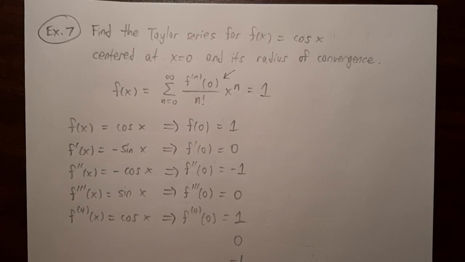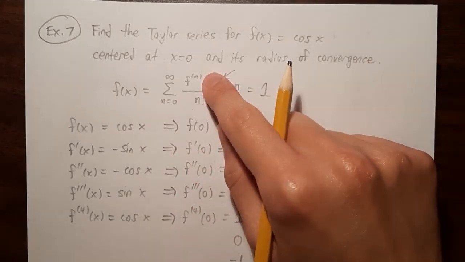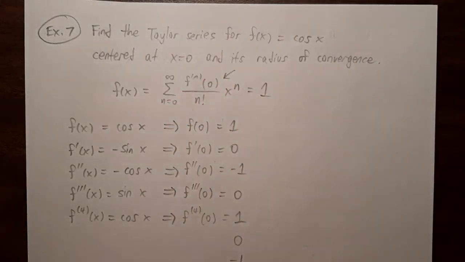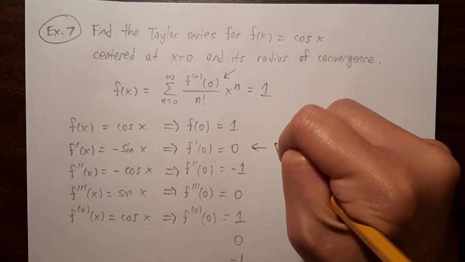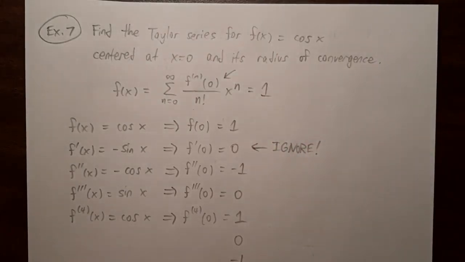All right, so what's the next term? If I plug in n equals 1, then I'm going to get f prime of 0 is 0, which is just going to annihilate everything. So I don't actually have a linear term in this case, so we'll just skip it. So this one is just going to be skipped. Let's say ignore. All right, so n equals 2.